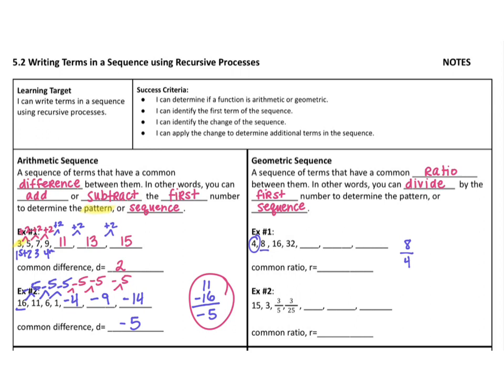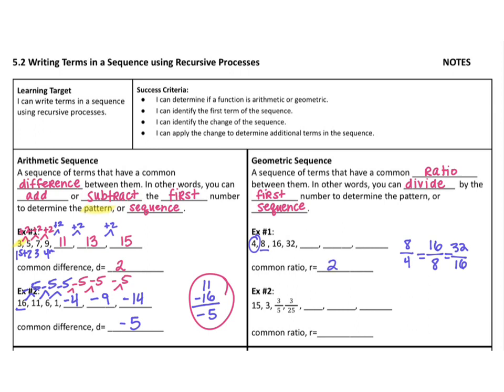Now, this common ratio is actually going to work with any of the two numbers. Just divide the second one by the one right before it. Right? So I could also divide 16 by 8, 32 by 16. And it's going to get me the same ratio. Those are all going to end up being the same common ratio value. This one, dividing 8 by 4, gives me a common ratio of 2.